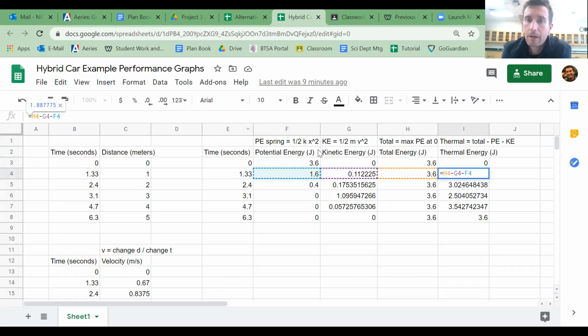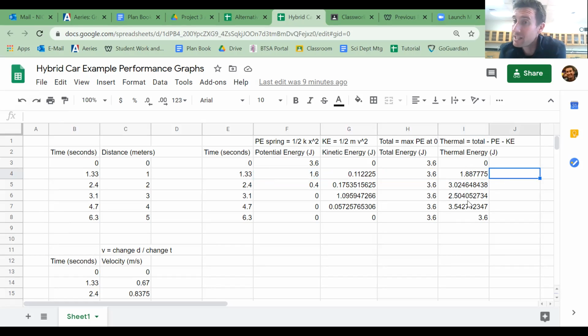It's going to equal my total energy minus my potential minus my kinetic. So it's, in this case, H4 minus G4 minus F4. So it takes my original total minus all the other types of energy, and that gives me how much has been lost to heat. So I've got all of these graphed.